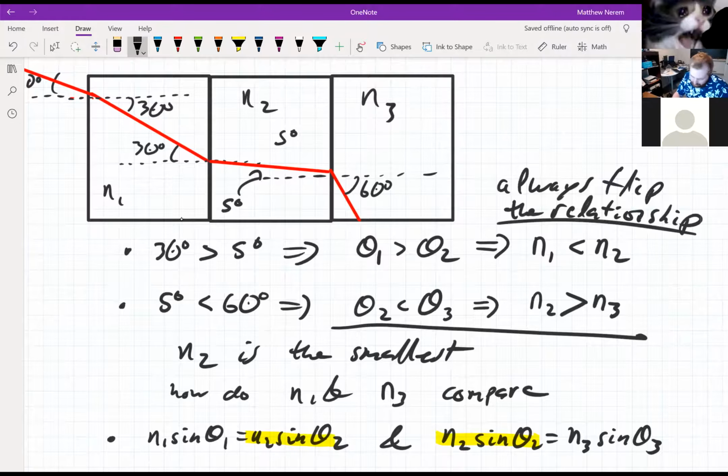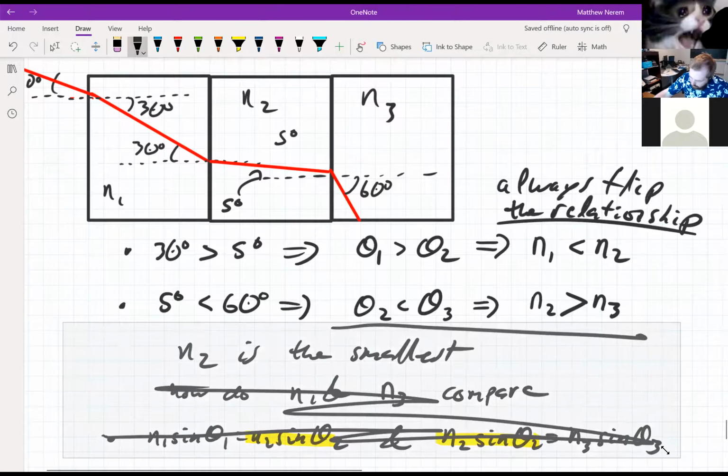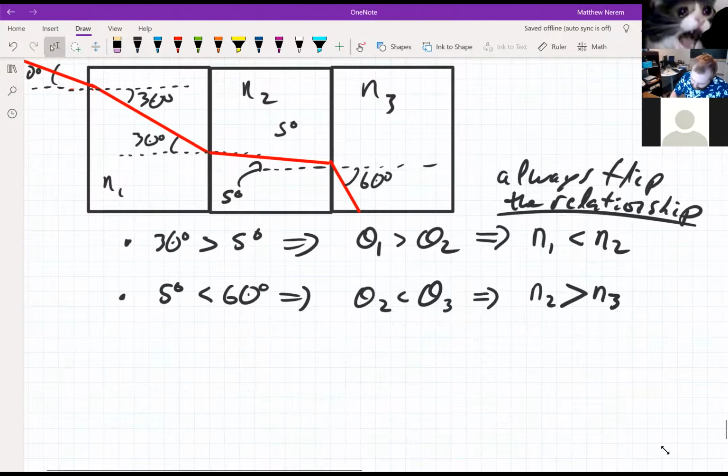Always flip that relationship. That's the goal here. So then let's go round 2 on this analysis. What do we got? We know N1's less than N2. And we know that N2 is greater than N3, so we know N1 has to be.